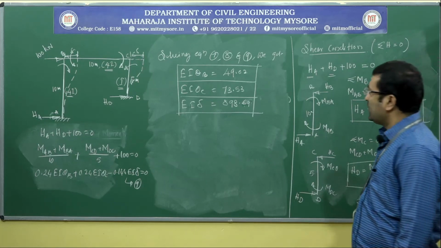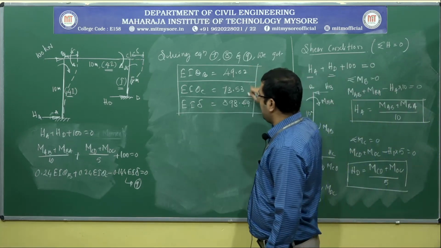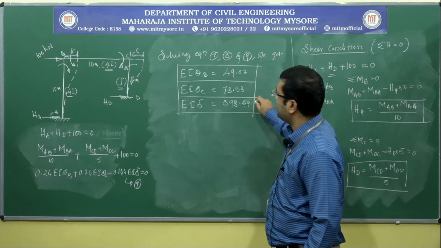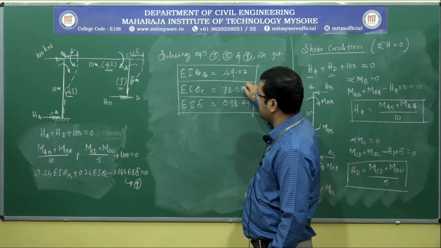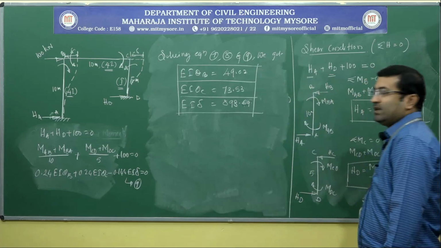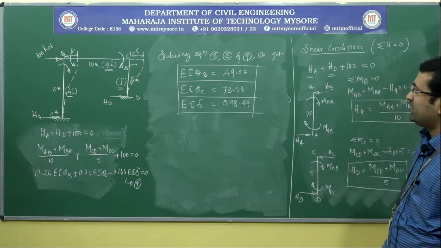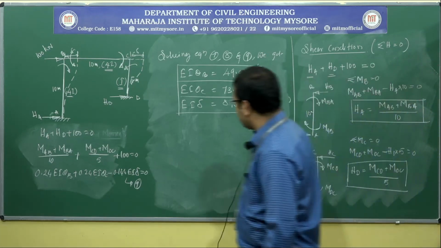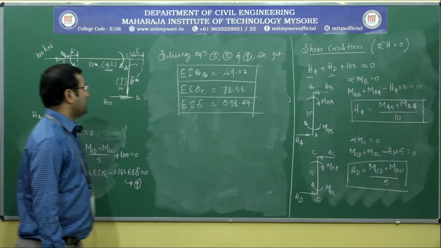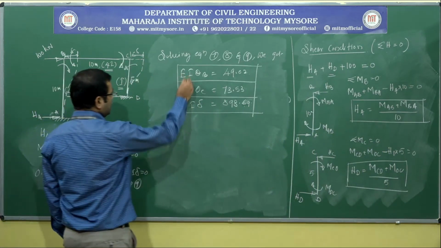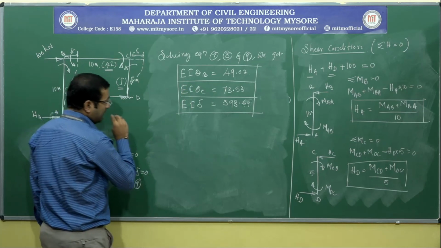Okay. So once we get the rotation values and displacement values, the next duty is we need to substitute these values into the slope deflection equations to determine the end moment. That is, whatever equations we have written in step number 2, in that we need to substitute these values.